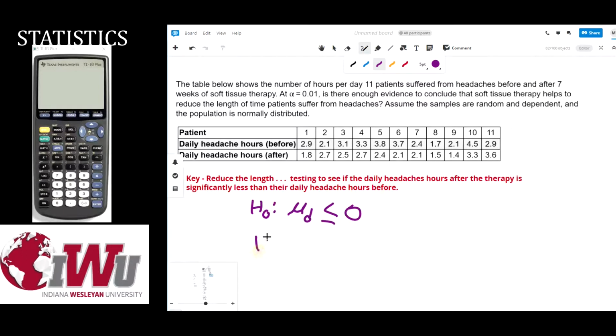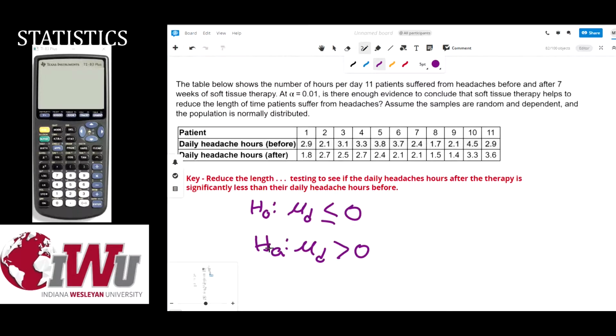And the alternative is going to be mu d greater than 0. So null versus alternative. Looking at the claim, is this significantly less than the before? So that's what we're going to look at.